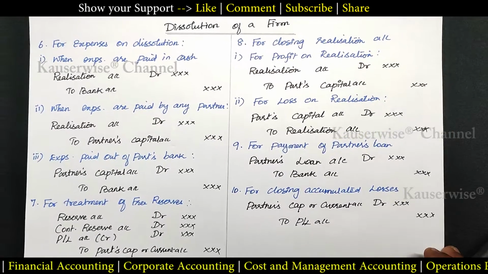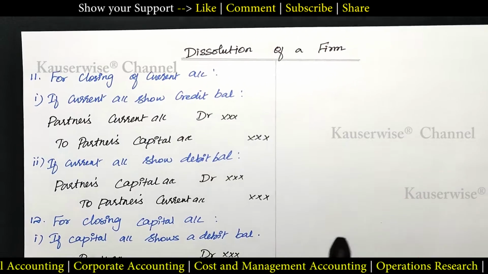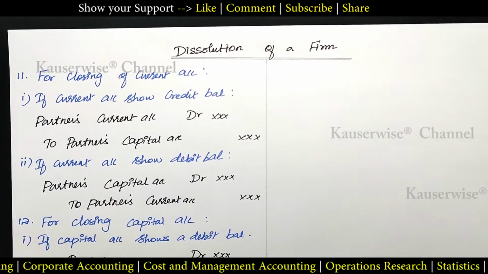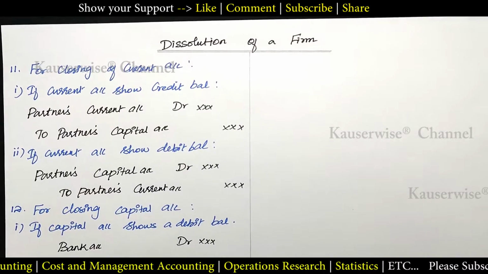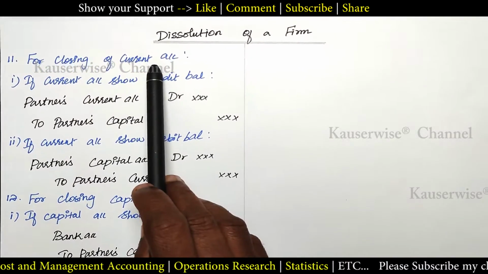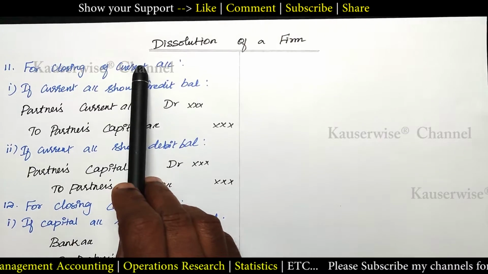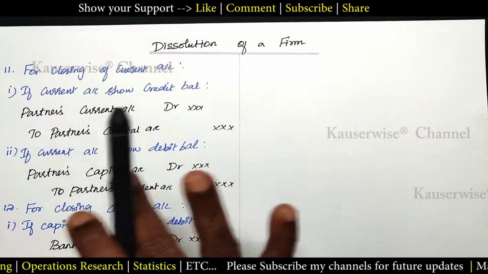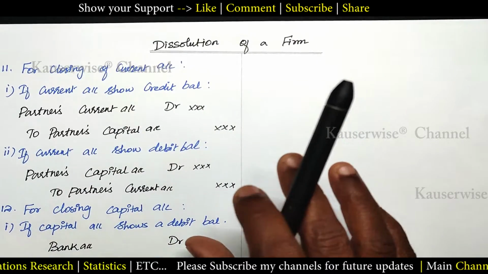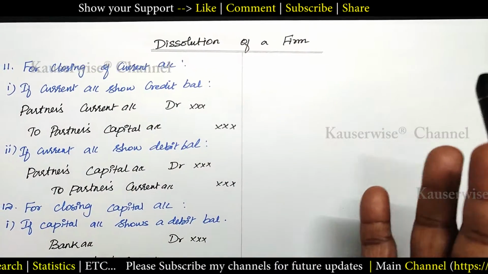The next one, suppose the partners are maintaining a current account. In that case, after making all the above adjustments, we need to close the current account first. In the current account you will get a balancing figure on either the debit side or the credit side. Whatever it is, the balance amount will be transferred to the respective partner's capital account.